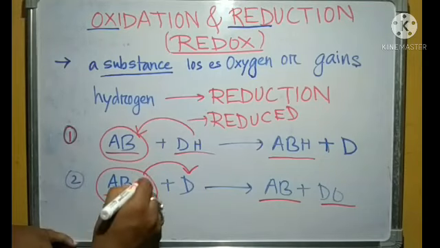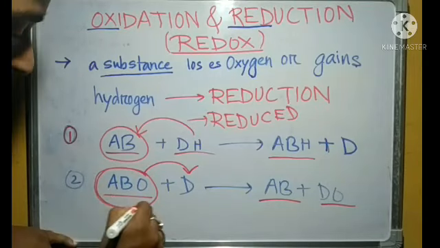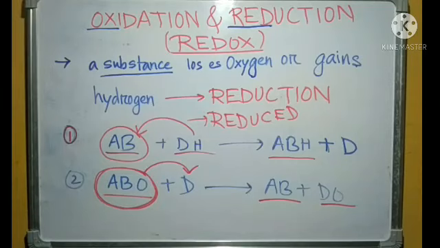So we can say that this ABO reactant is reduced, because one oxygen atom is lost. ABO loses an oxygen atom, and in the first reaction AB gains a hydrogen atom. In both cases, we say that a reduction reaction is occurring. Clear?